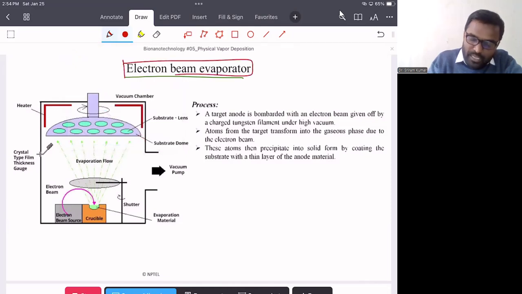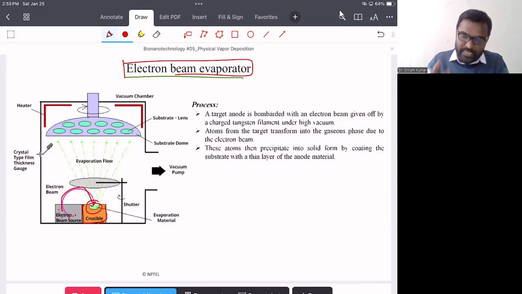In it, we have a similar deposition chamber, a sample holder, and a crucible, and we put the sample in the crucible. In this technique we use an electron beam as an external source, and we put that electron beam on the target material.